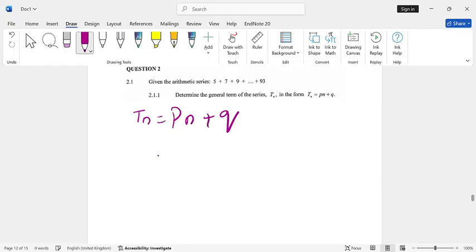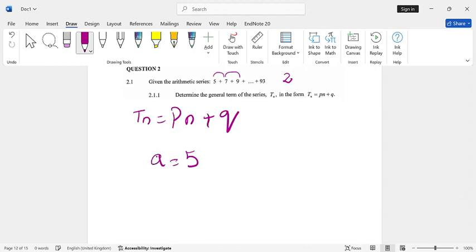Over here we have the value of A, which is 5, from the series. And as you can see, the difference between these two terms is 2, up to 93.